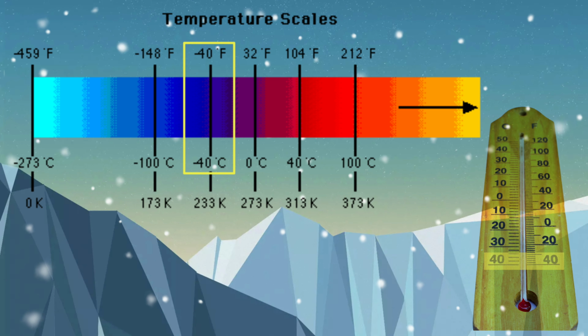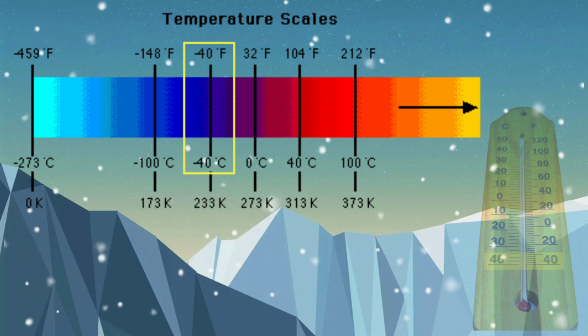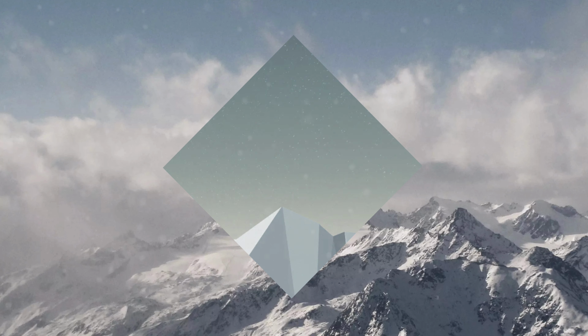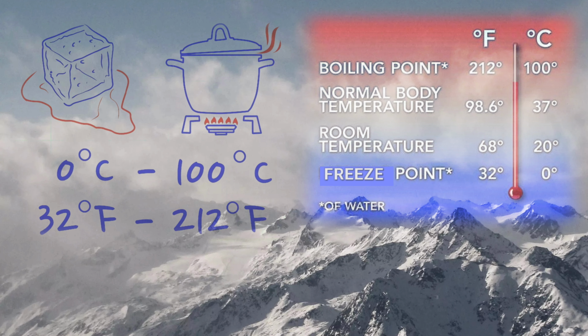And in case you forget this remarkable number, -40, at least try to remember the freezing point and boiling point of water in Celsius and Fahrenheit. From here, we can derive any values corresponding to one another, even the equations for solving Celsius in terms of Fahrenheit and vice versa.